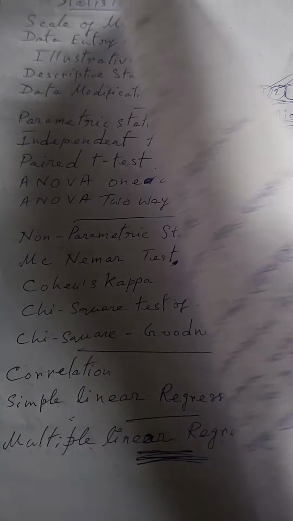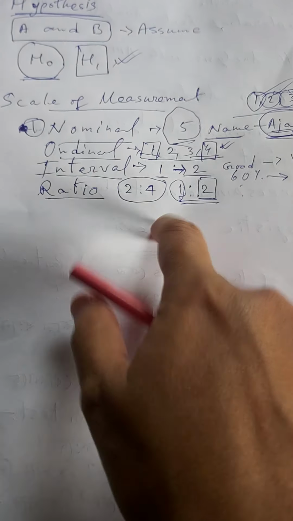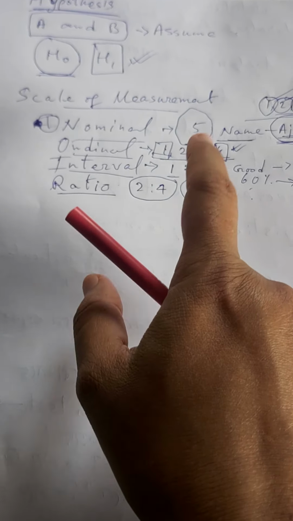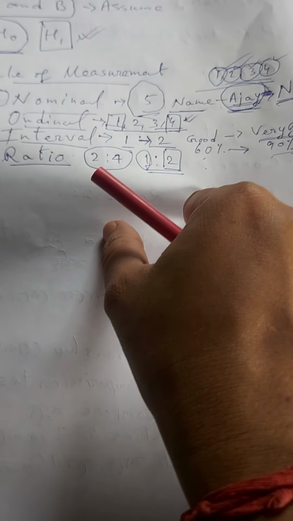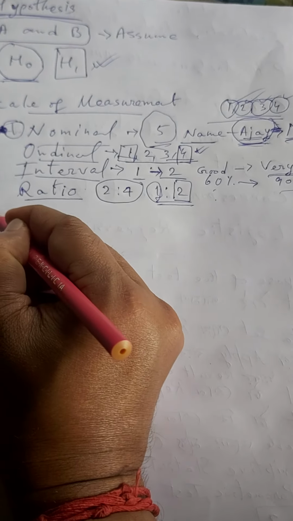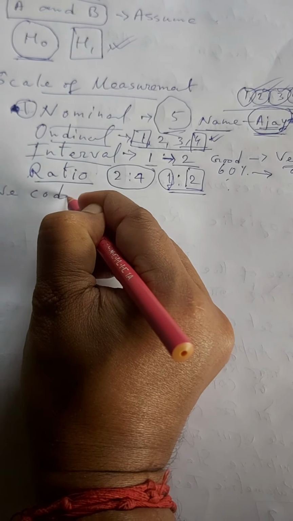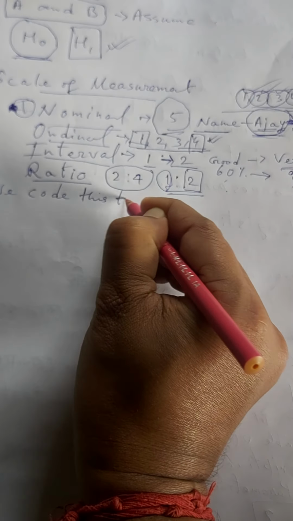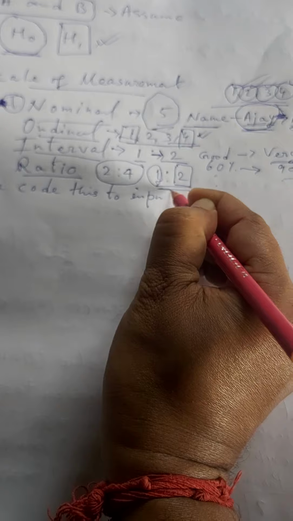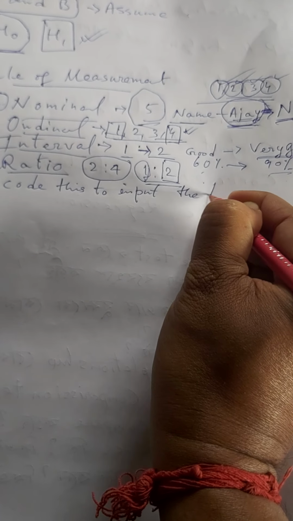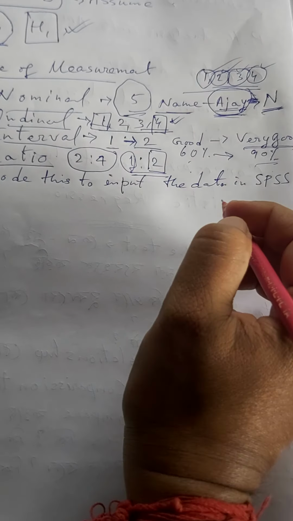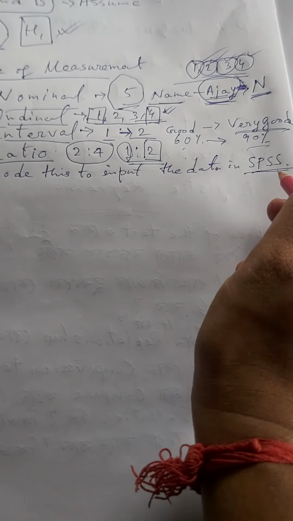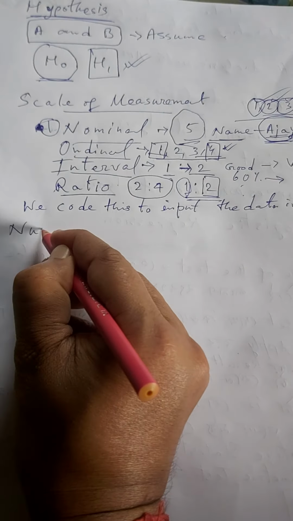That's called scaling. There are four types of scale. We use these scales to code the data, to input the data in SPSS, because SPSS only calculates numeric form.